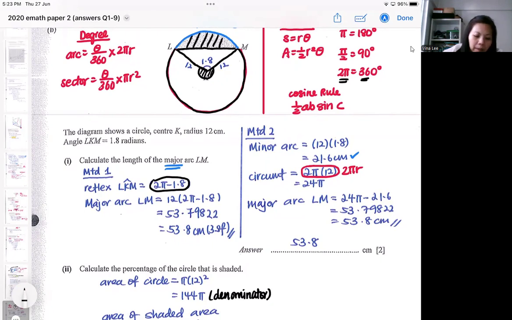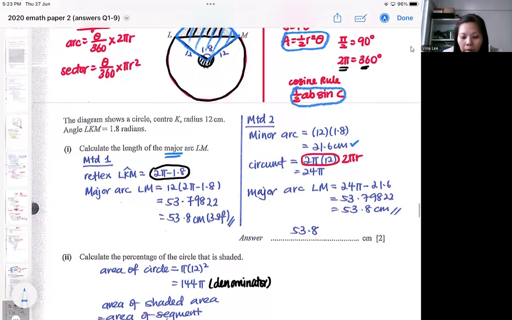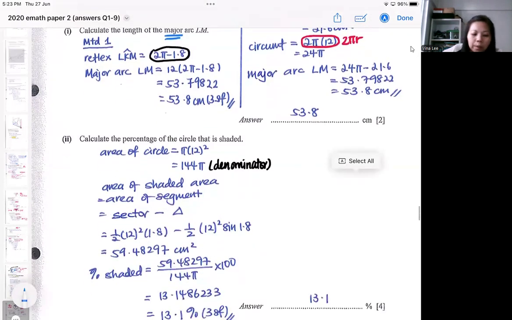So how do you get the segment? You can get a sector first, a piece of pizza, for which I will be using this formula. Then I will subtract away the triangle by using half AB sine C. So to get the shaded area, it will be sector minus triangle.